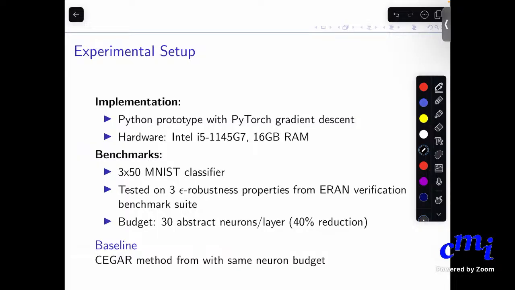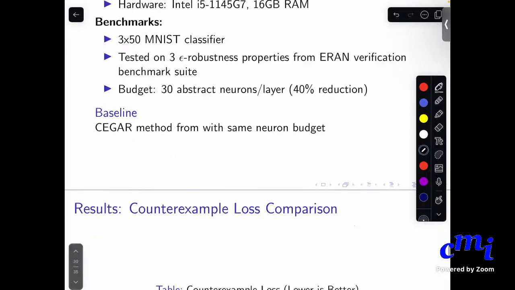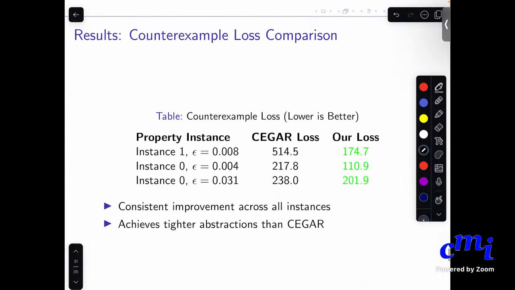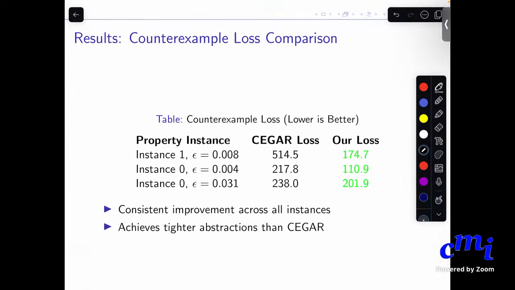For the comparison, we run the Seeger technique until we get the budget of 30 abstract neurons per layer, and then we stop, and that will be the base of comparison. When we compare, we see that in all the cases the loss is lower than the Seeger loss, and if the loss is lower, then it is better for our approach.